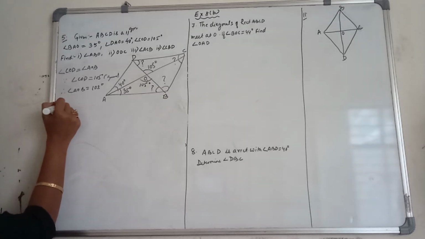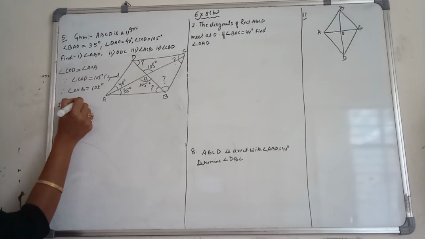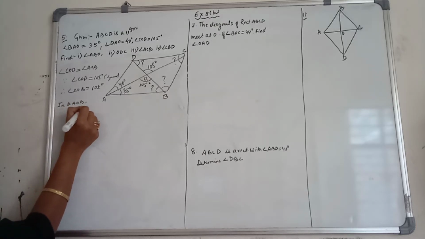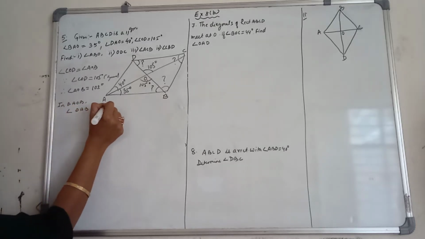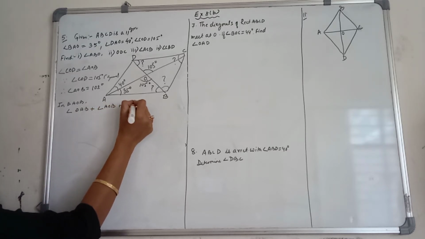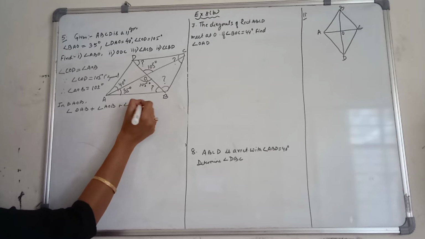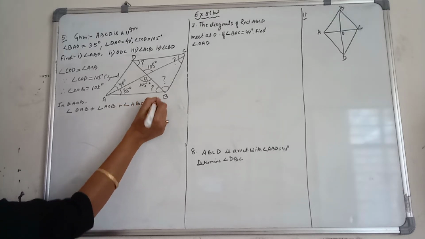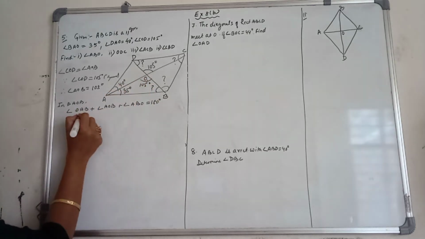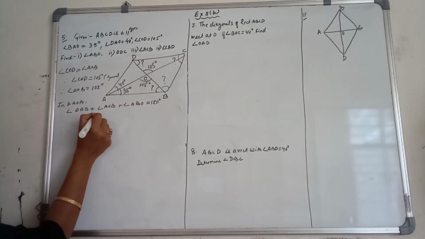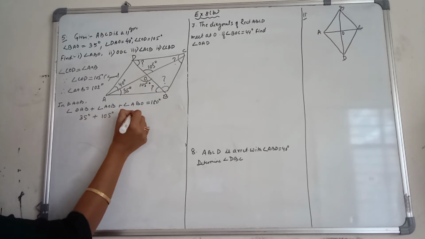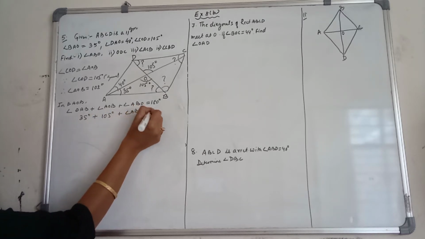Now in triangle AOB, angle OAB plus angle AOB plus angle ABO is equal to 180 degrees. OAB is your 35 degrees given. AOB is given 105 degrees and angle ABO you have to find.